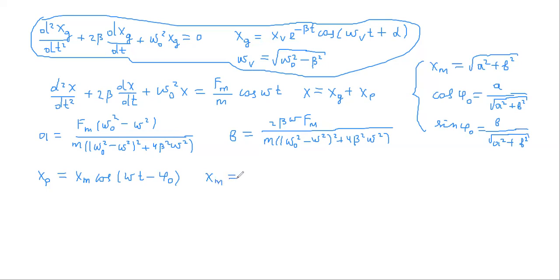So xm is equal to square root of a to the power of 2 plus b to the power of 2.